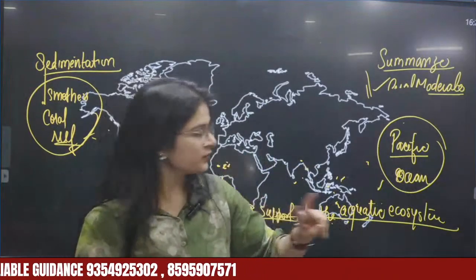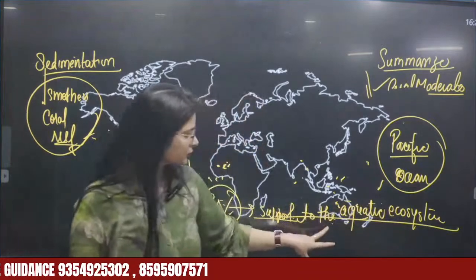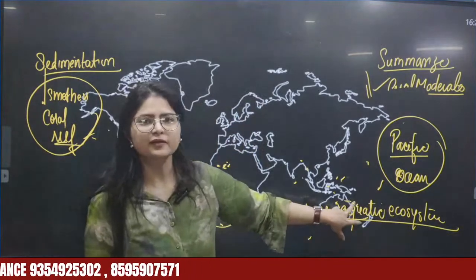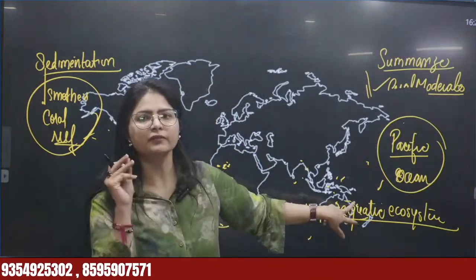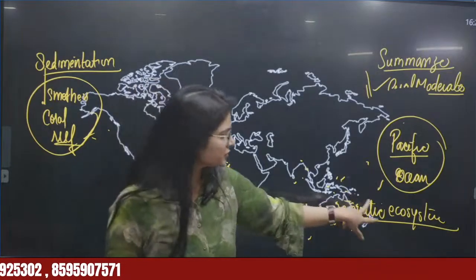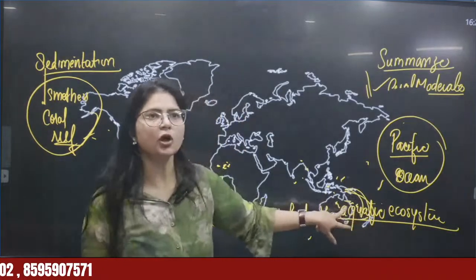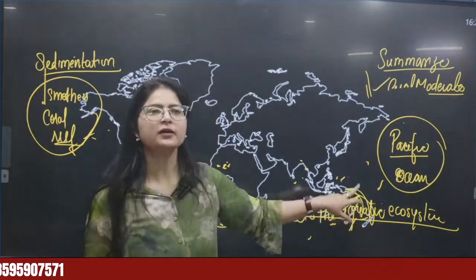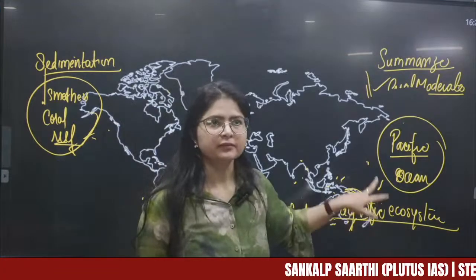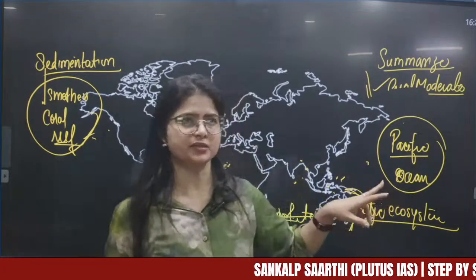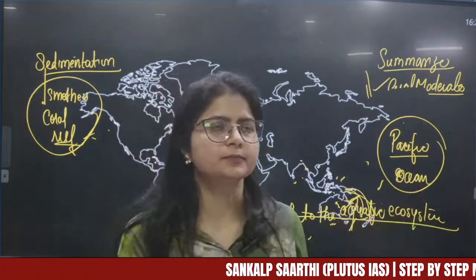For certain countries like Australia, this Great Barrier Reef provides an extreme amount of revenue for them. Why? Because this Great Barrier Reef, which is situated in the northeast of Australia, is bringing a lot of tourists in a year for them.